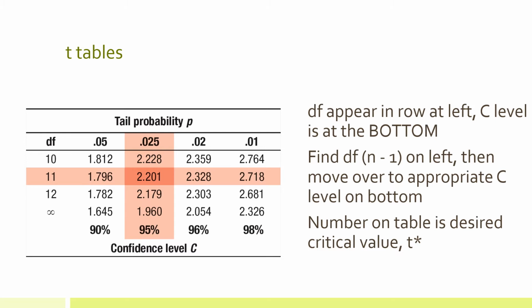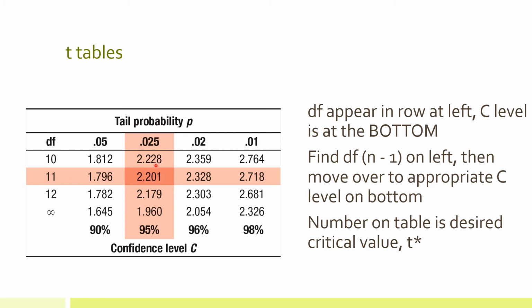Degrees of freedom appear in the row at the left here, and the confidence level is at the bottom. So to find your degrees of freedom, remember it's n minus 1 on the left, then move over to the appropriate C level on the bottom. If I wanted a 95% confidence interval with 11 degrees of freedom, I would look at 95%, 11 degrees of freedom.